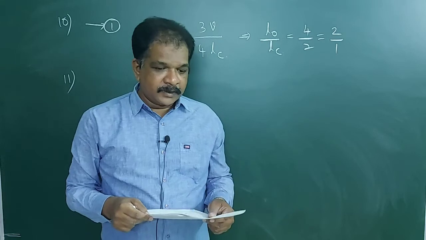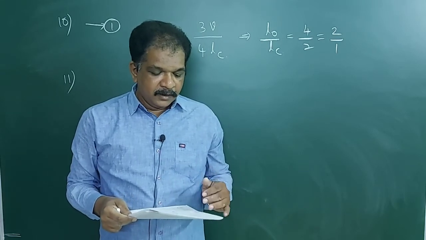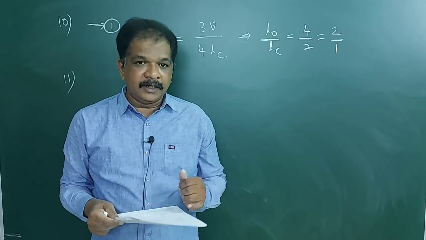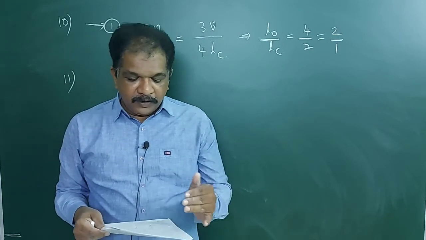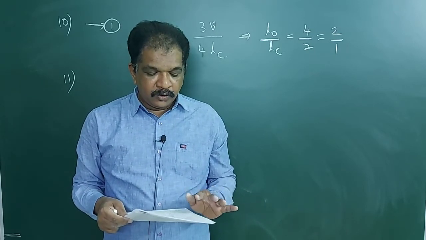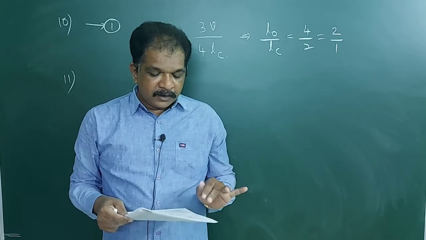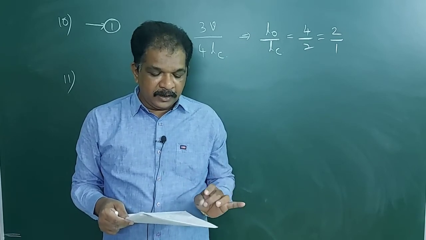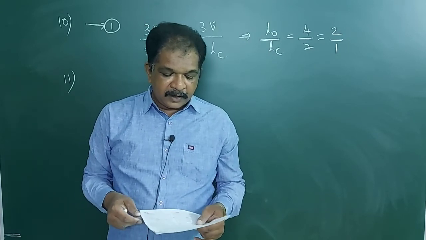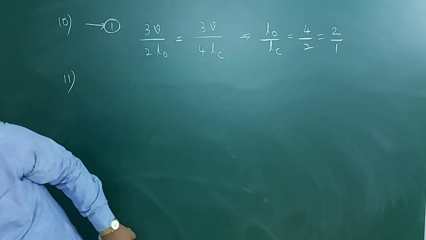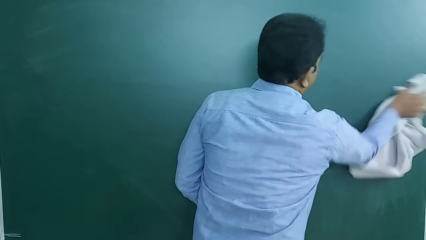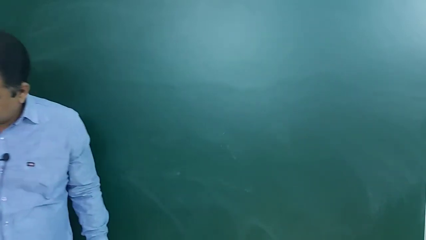See the 11th question. A person with a vibrating tuning fork of frequency 338 Hz is moving towards a vertical wall with a velocity of 2 meter per second. The velocity of sound in air is 340 meter per second. The number of beats heard per second is. So what does the question say? What exactly are they asking?